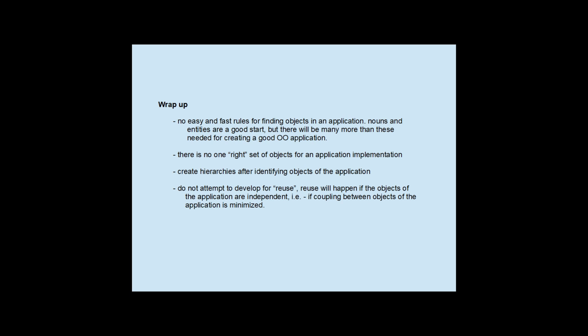There is no one right set of objects for an application implementation. Two applications created from the same set of requirements may have many differences in the objects within each application. However, there will probably be more similarities with the objects than there are differences.